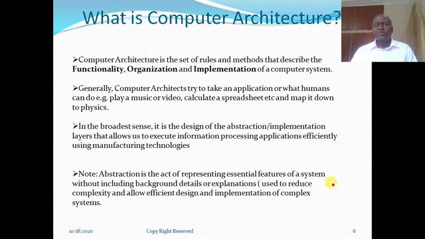Now, generally speaking, what computer architects try to do is take an application that humans want to execute and then transform or translate it to what the physics can do.